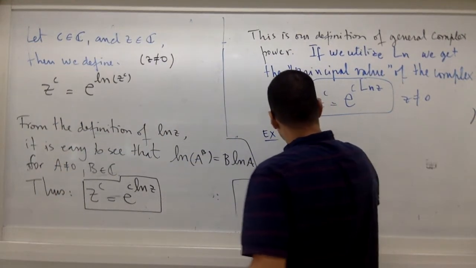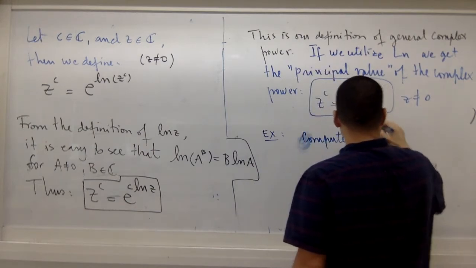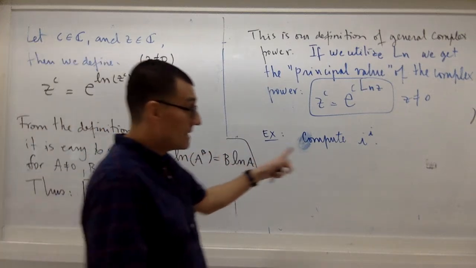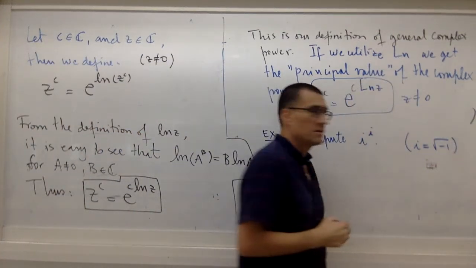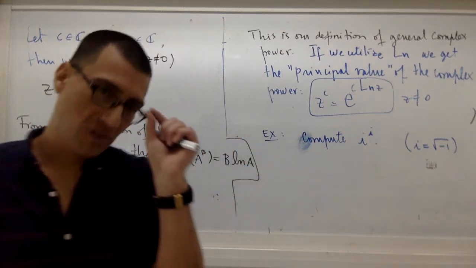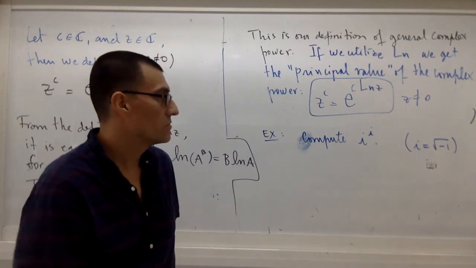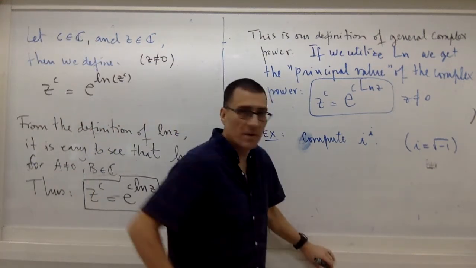So compute I power I. Now this is amazing. I power I, because I is the square root of -1. Okay, so I'm asking you to compute the square root of -1 power the root of -1. The complex root. I mean the square root of -1.